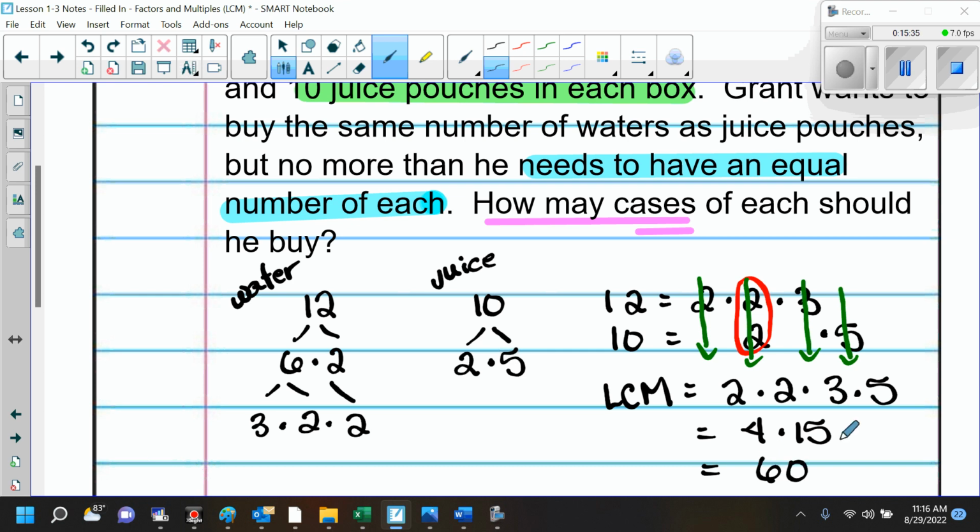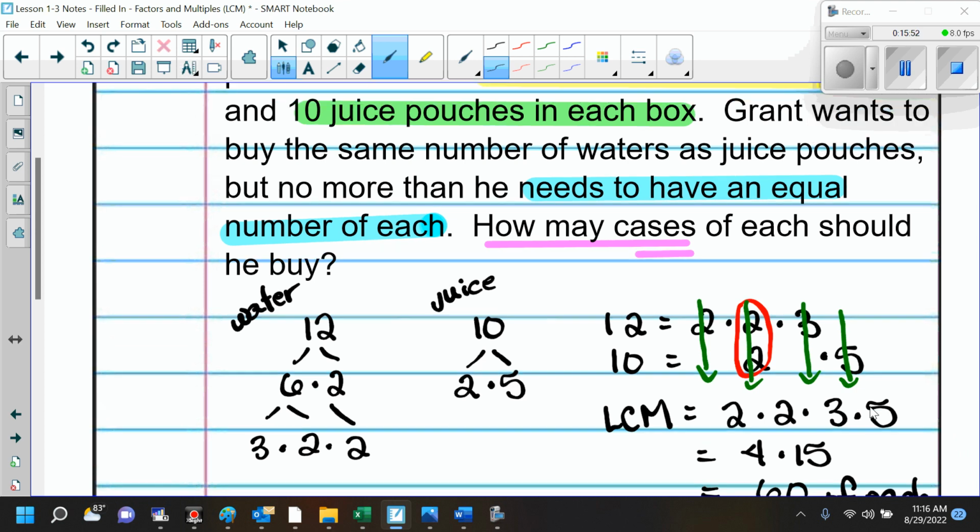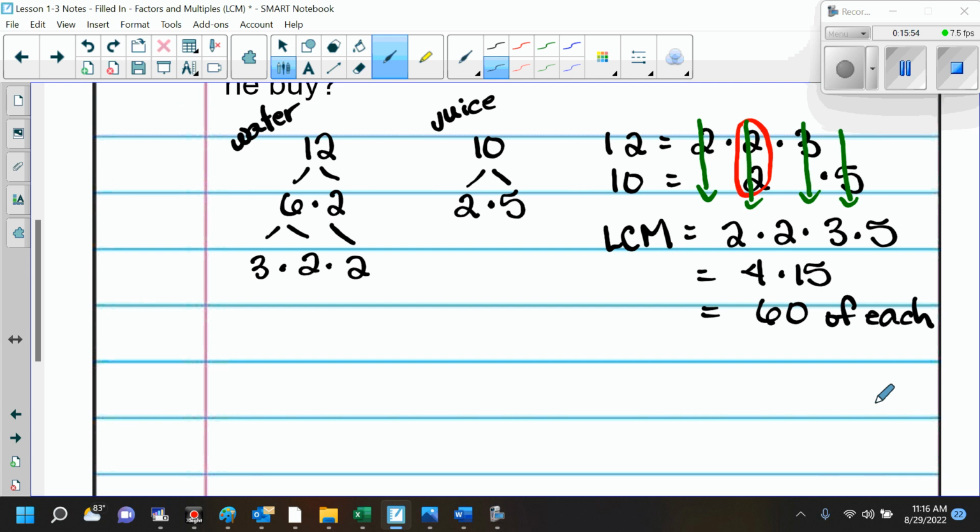So here we know that he wants to have 60 of each. Is that my final answer? No. Because the question says how many cases of each, right? So let me come down here. We want 60 waters, and we want 60 juices.